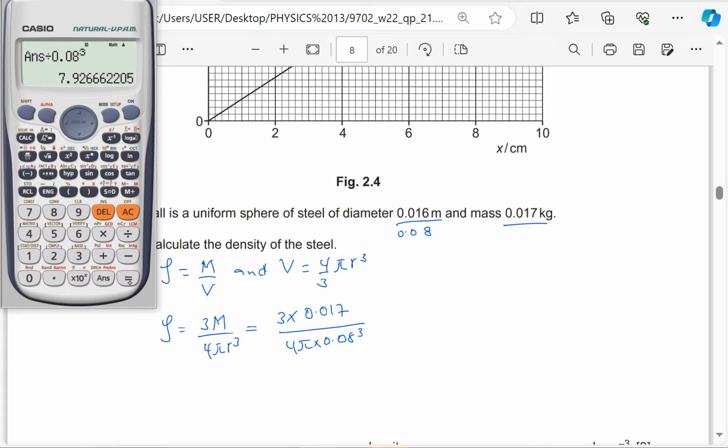Why am I getting this? Okay, let me use my calculator well this time. Let me repeat. 3 times 0.017 divided by 4 pi divided by 0.08.